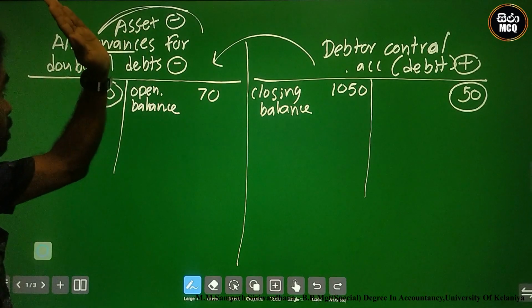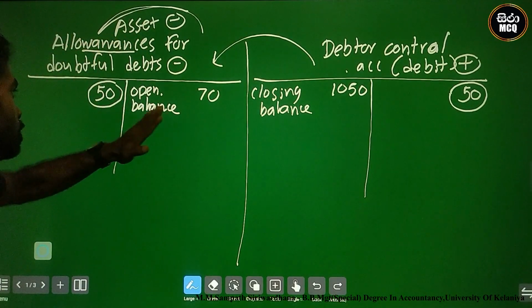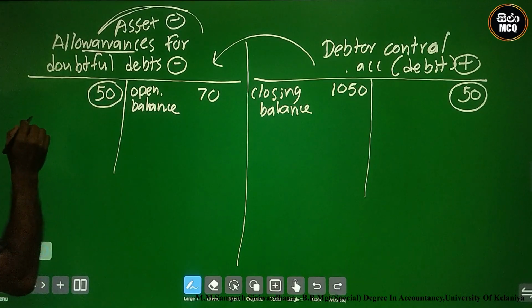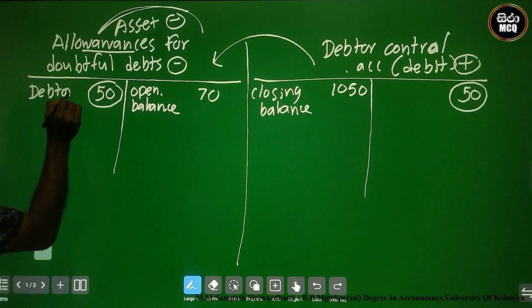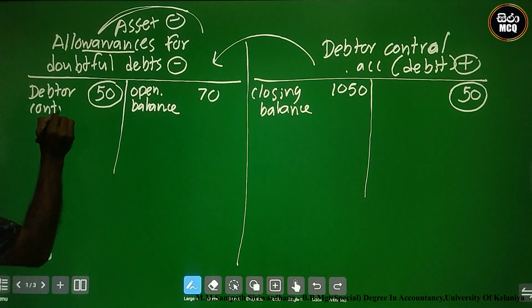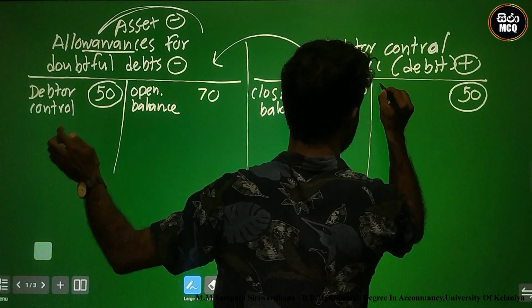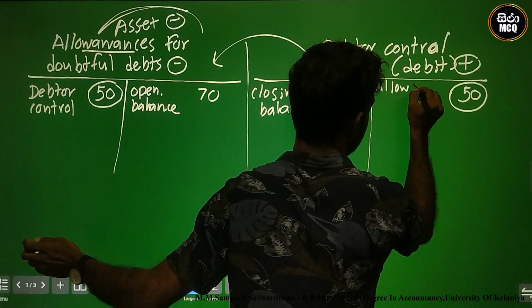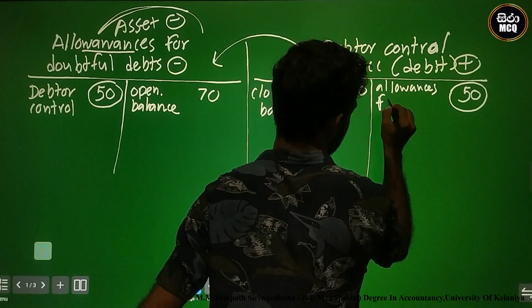The allowances for bad debts is eliminated, and bad debts is covered. At this time what is the description? Debtor control account. Debtor control, which this time I say allowances for doubtful debts.